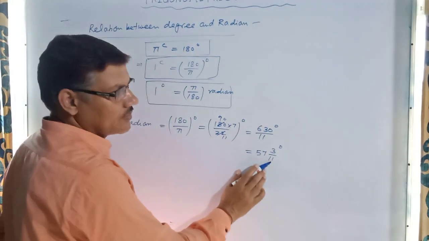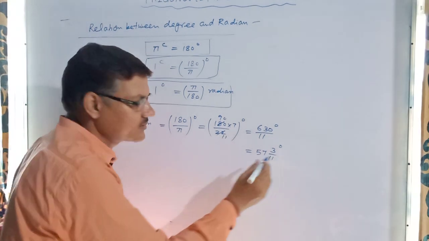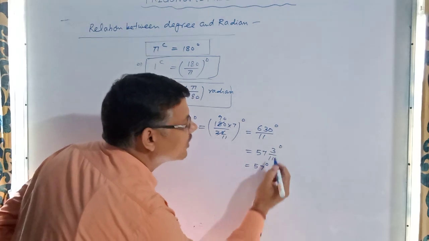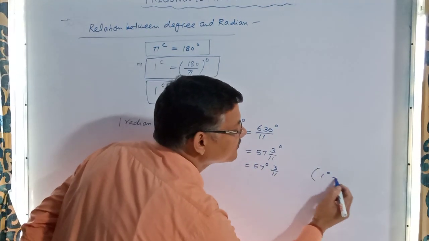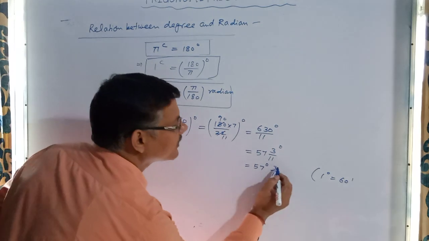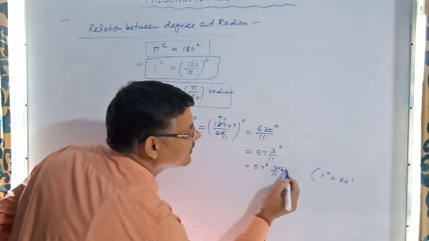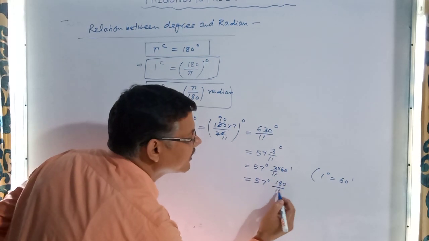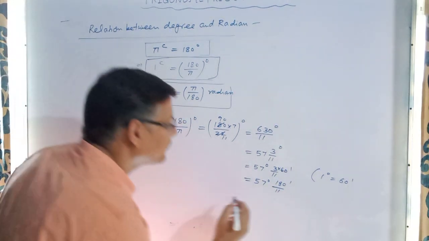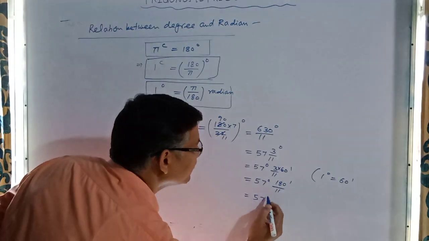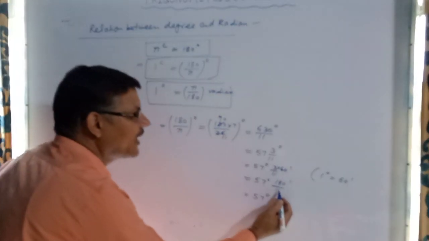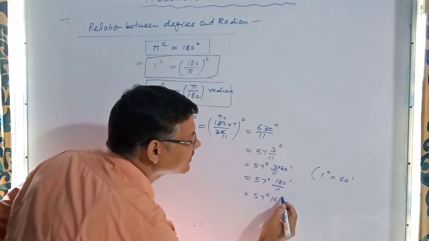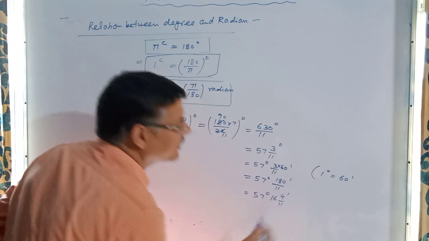Since it is a fraction, we wish to change it into smaller units. That's why it is written as 57 degree. And since 1 degree equals 60 minutes, we get 3 by 11 into 60 minutes. It is equal to 57 degree 180 by 11 minutes. In the same way, dividing 180 by 11, we get 16, then 4 by 11 minutes.